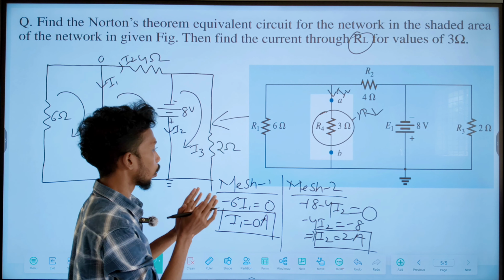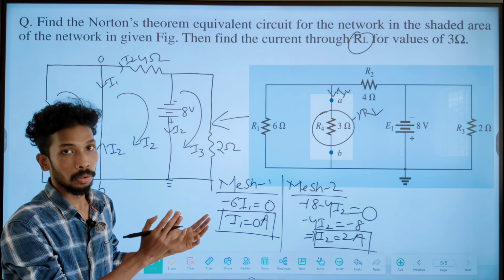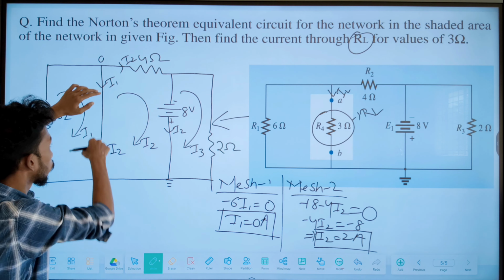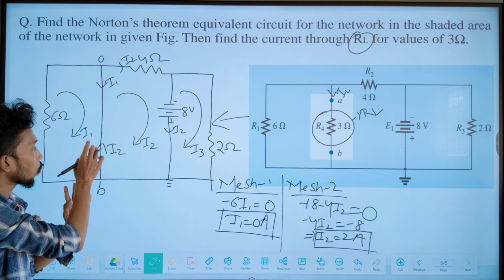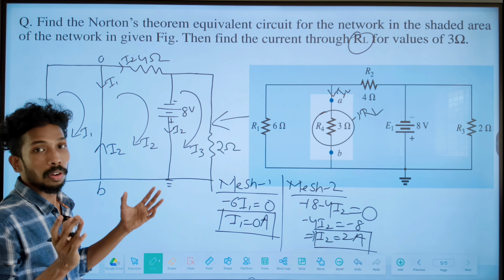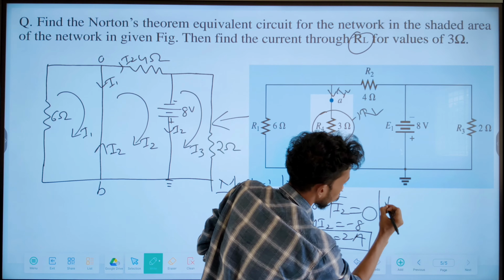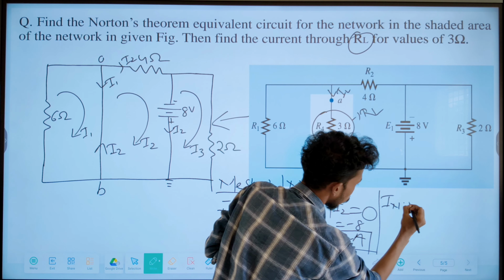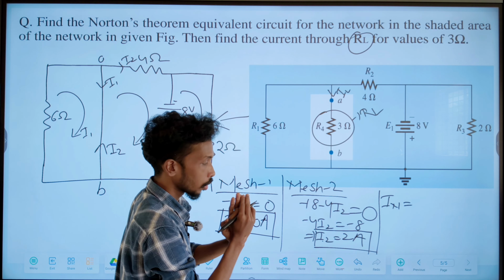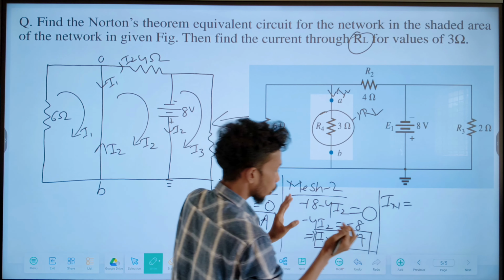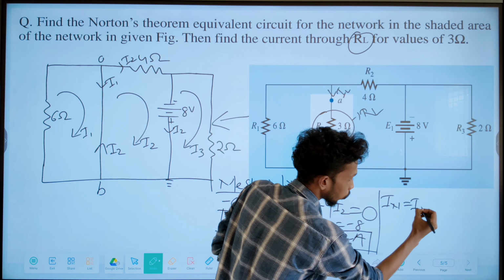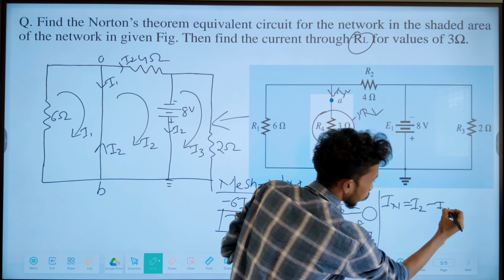Okay, now we got our I1 value and I2 value. Now if we subtract these two values, then we will get our total Norton current, and that Norton current we can write like that: IN equals, I2 is bigger and I1 is 0, that's why we can write I2 minus I1.